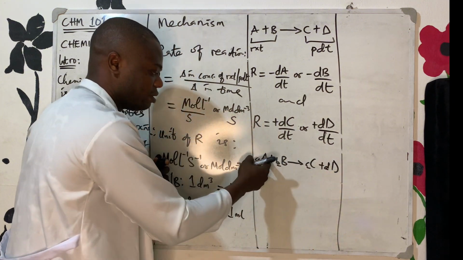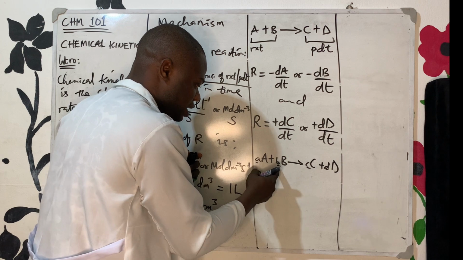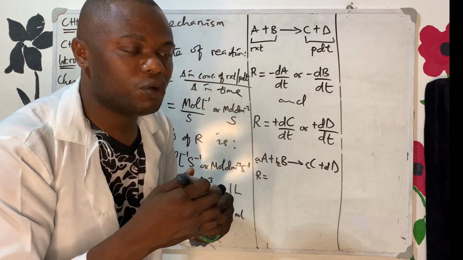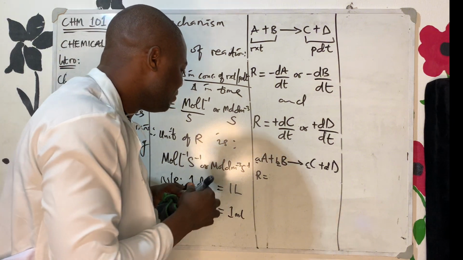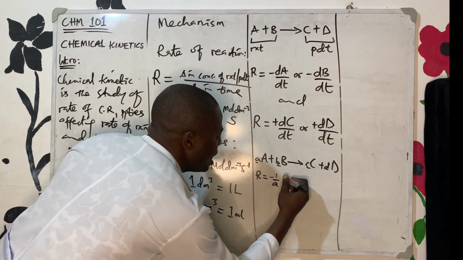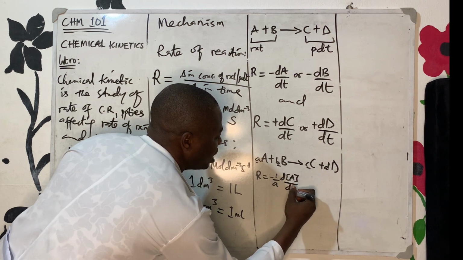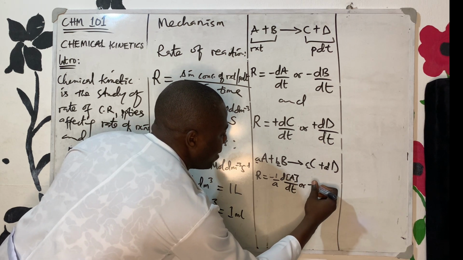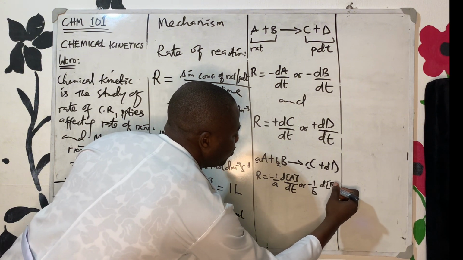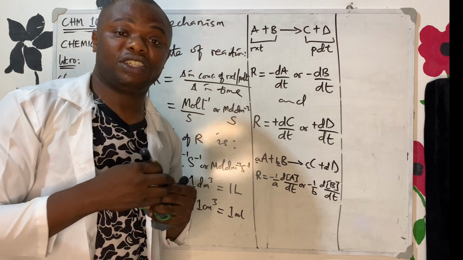These are the coefficients of the reactants and products: the coefficient of reactant A, that of B, that of C, that of D. For rate of reaction, you always take the negative reciprocal of the coefficient. So you have minus 1 over a, change in concentration of A all over change in T, or minus 1 over b, change in concentration of B all over change in T. That is how to express rate of reaction here.